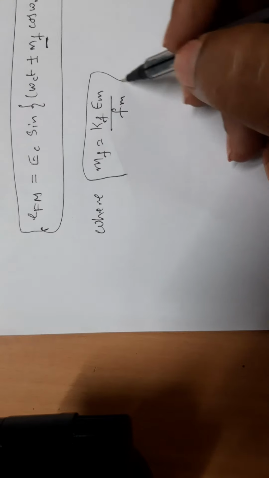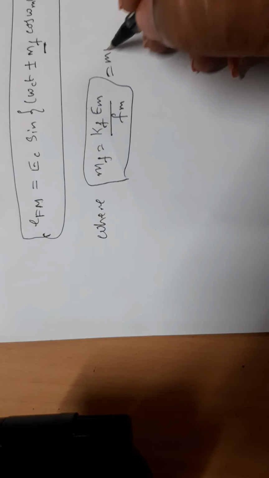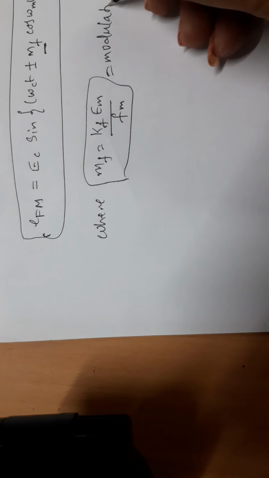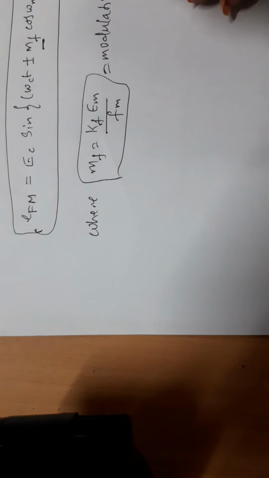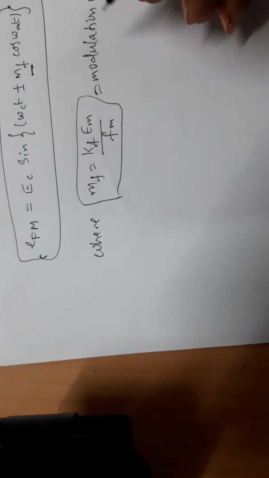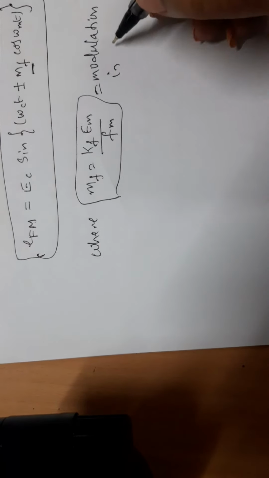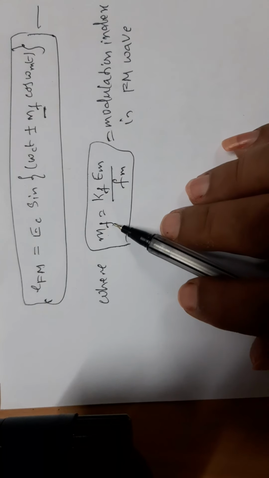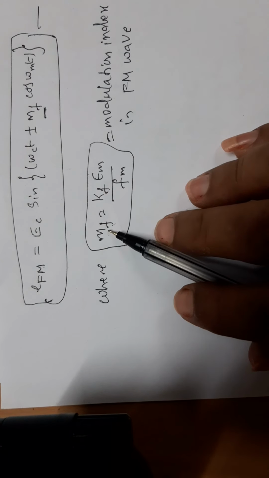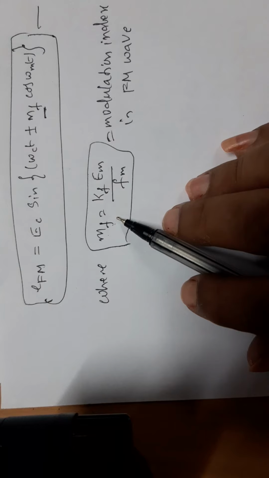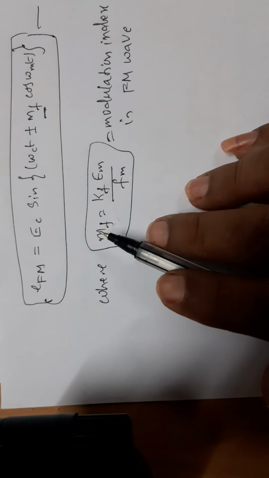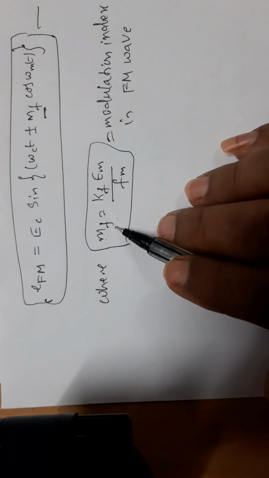This MF is called the modulation index in frequency modulated wave. In amplitude modulated wave, we represented this as MA, that is, the modulation index in amplitude modulated wave. Here it is MF, the modulation index in frequency modulated wave.